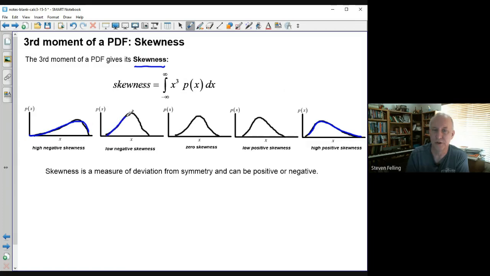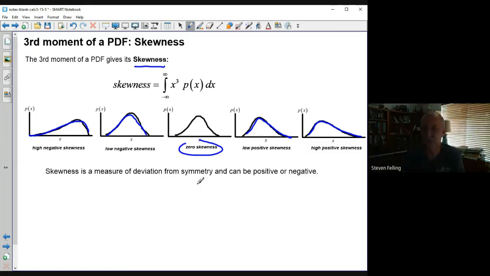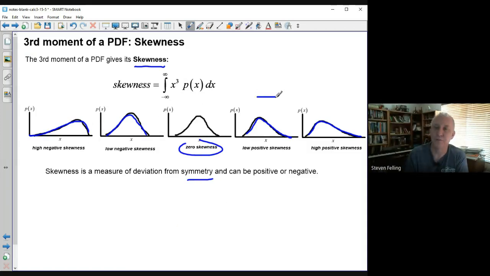A low negative is slightly skewed left, and a low positive skewness gives you a measure of how skewed the data is, and a skewness of 0 would be perfectly symmetrical like a normal distribution, right? So deviation from symmetry, either in the tails positive or tails negative direction, is called skewness, happens to be the third moment of a probability density function.